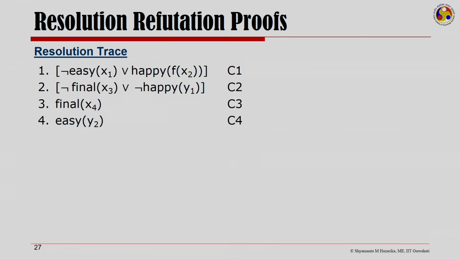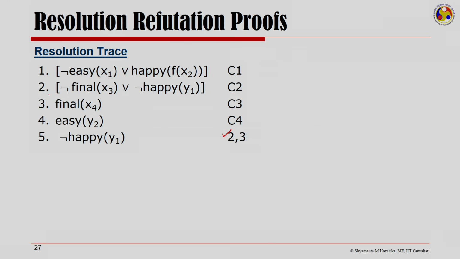I now have the resolution trace of this example. Here is the set of initial clauses that I start with, and I derive not happy(y1) by taking clause 2 and clause 3.